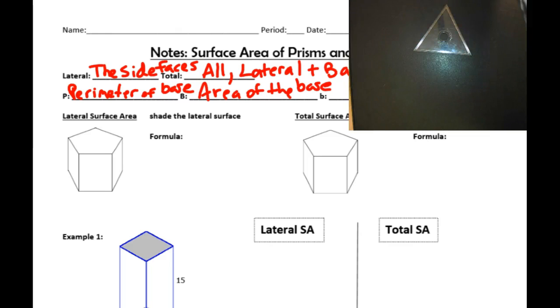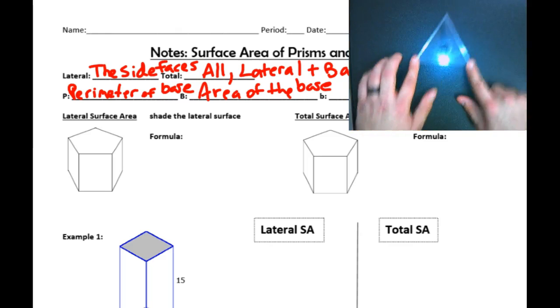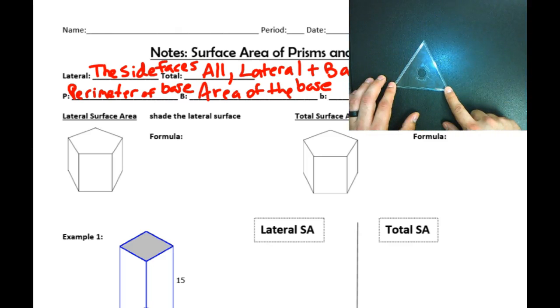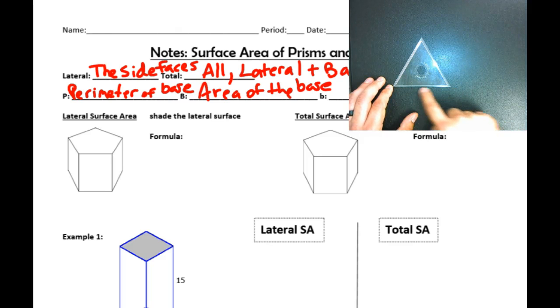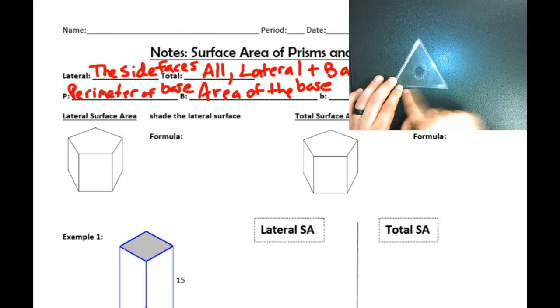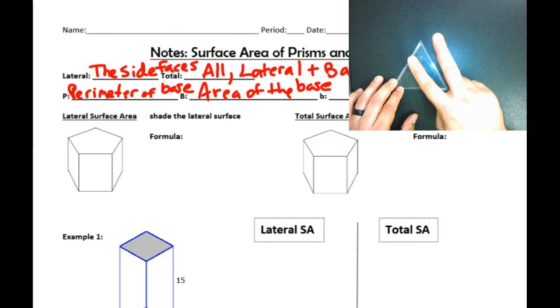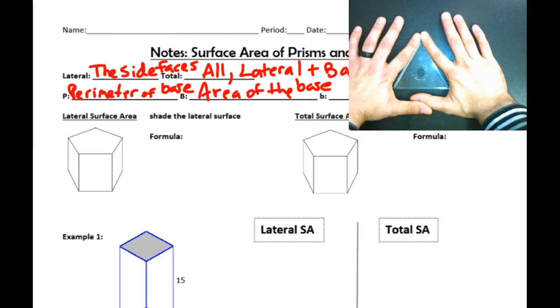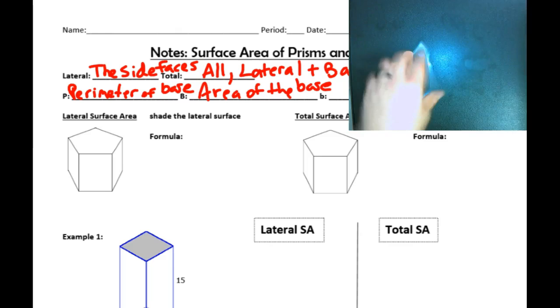Okay, so now I'm still looking at the base, so I'm trying to find big B. So what is the little b of this big B? The base length. Okay, so the length on the bottom right here that I'm pointing to, this is little b, and you're going to use little b times height divided by 2 to give you big B, the area of this triangle.